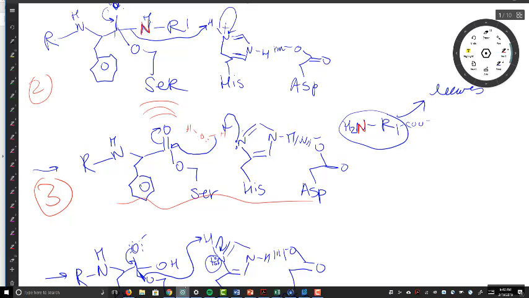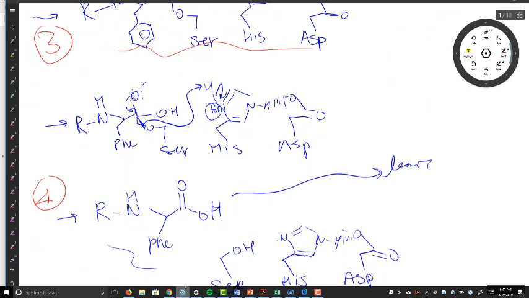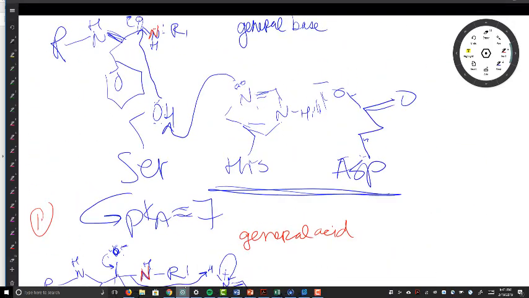What is histidine's job? What is it doing? Hint: we already said it for step one. It's general acid. Nope. It's abstracting a proton. It's a general base. Now, down here, histidine turns around and donates that proton. Histidine's acting as a general acid down here. Okay. So this is accomplished through, first, a nucleophilic attack.